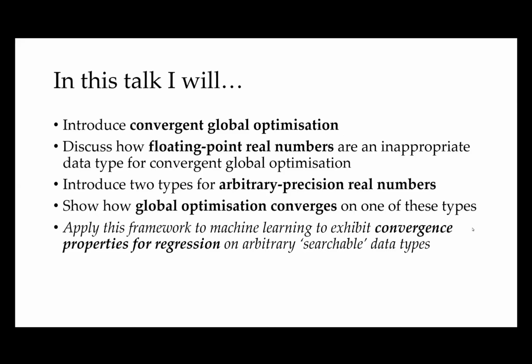And then finally, which is more related to research that I've been doing, is applying this framework to an area of foundational machine learning, which is regression analysis, and then how we can get convergent properties for regression analysis out of this convergent global optimization on a wide variety of types that we call searchable types, which are from the literature as well.